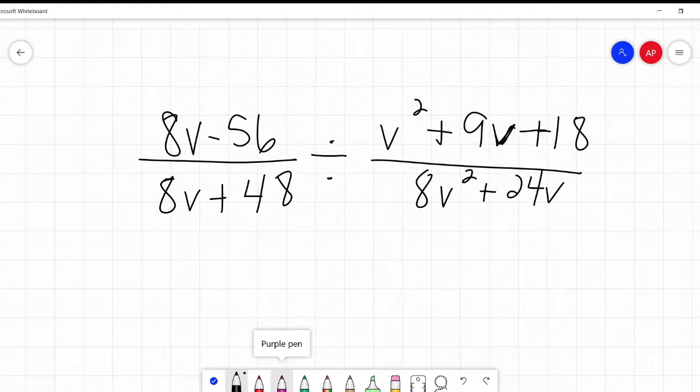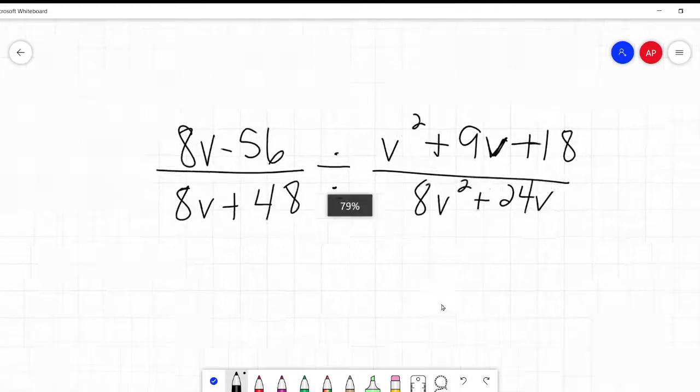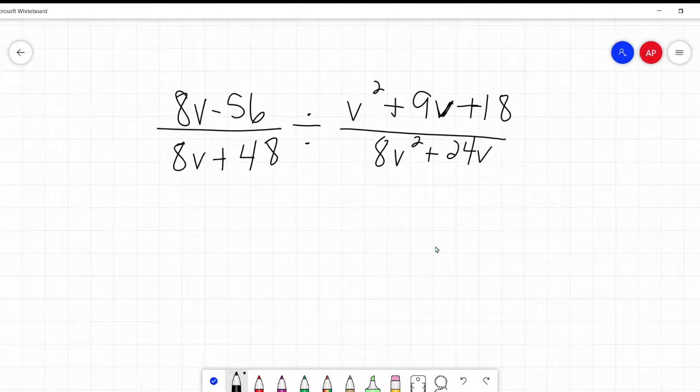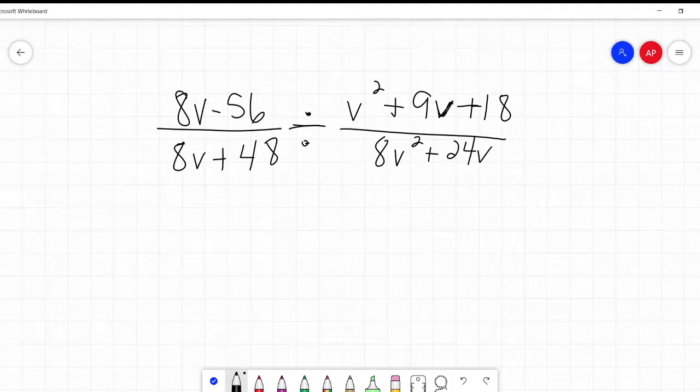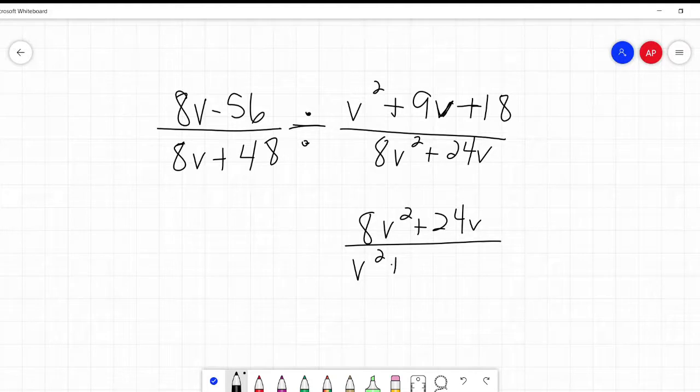Okay, again, division. Only thing I need to do to make this just like a plain old multiplication is I look at what comes immediately after the division and I flip it. So flipped becomes 8v squared plus 24v all over v squared plus 9v plus 18. And now it's a times.